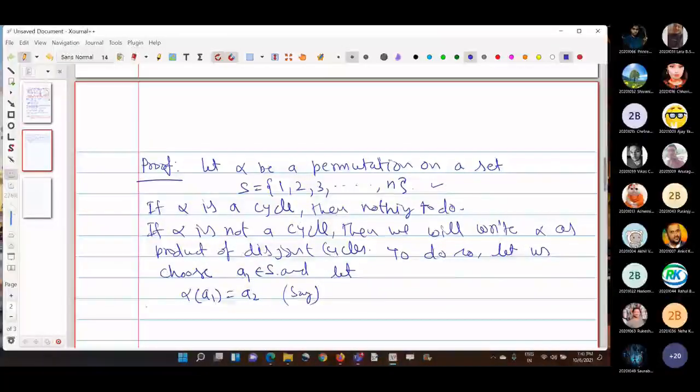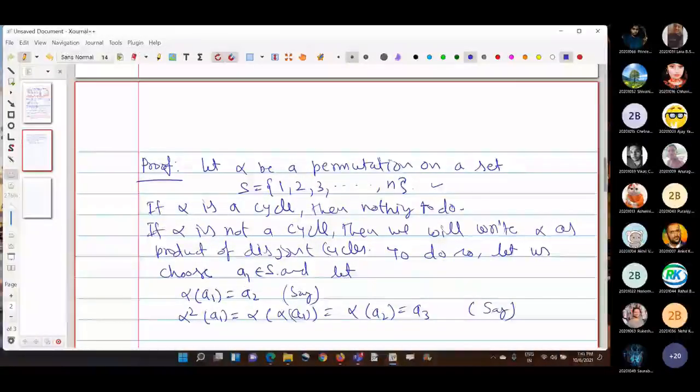Similarly, alpha square of A1 is equal to alpha of A1. So alpha of A1 is nothing but A2, and say this is A3.